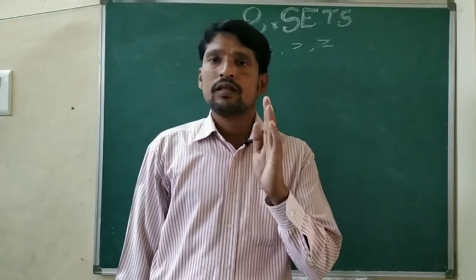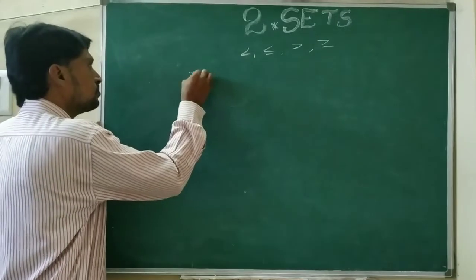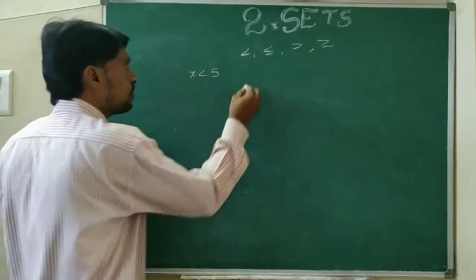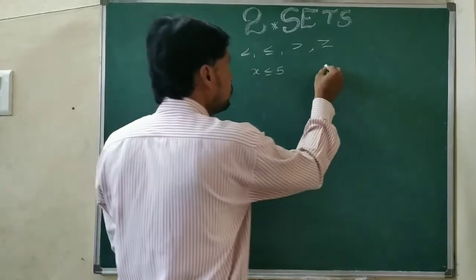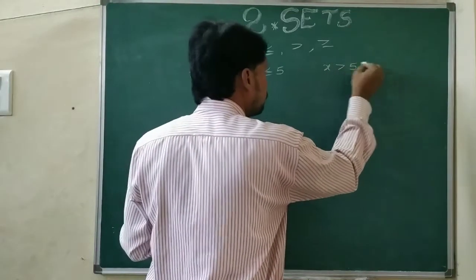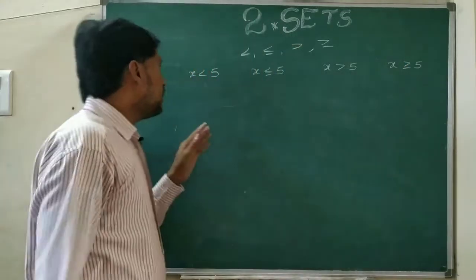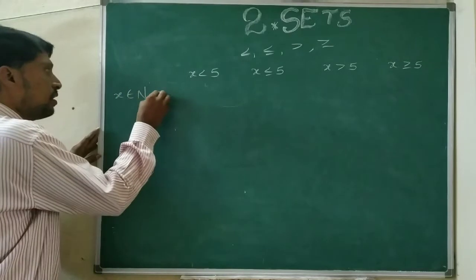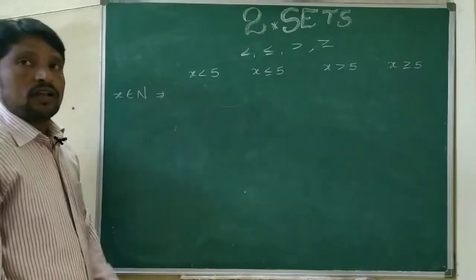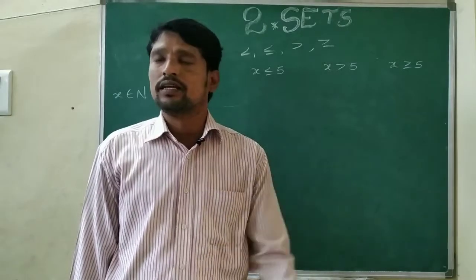Suppose x less than 5, x less than or equal to 5, x greater than 5, x greater than or equal to 5. Here I am taking x as a natural number. Natural numbers, as you already know, are 1, 2, 3, 4 like that.